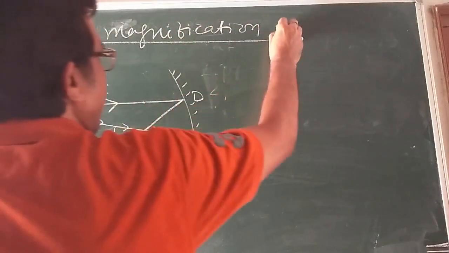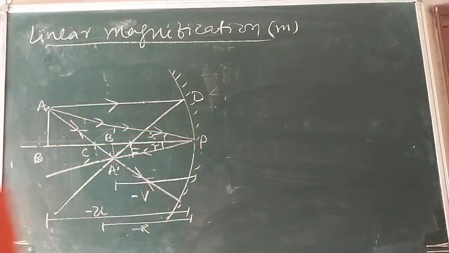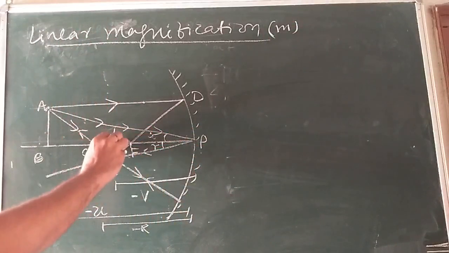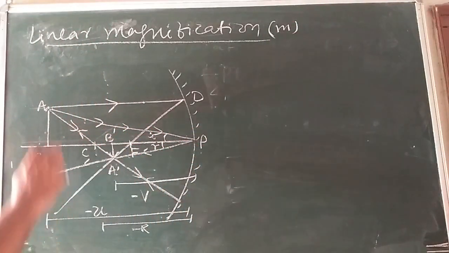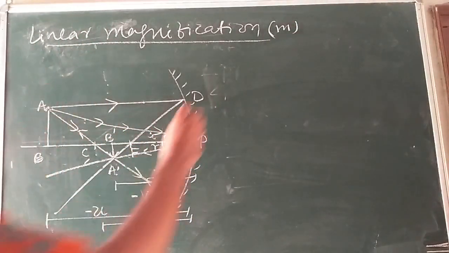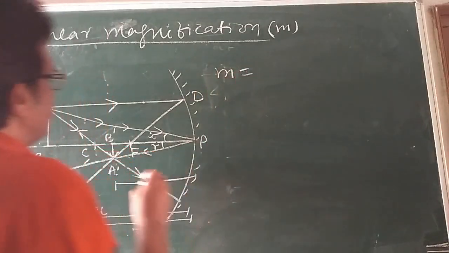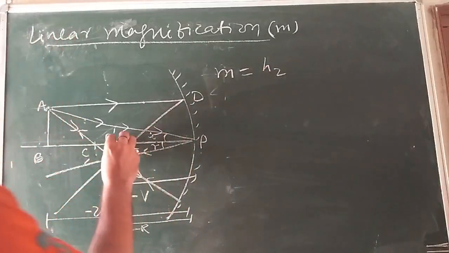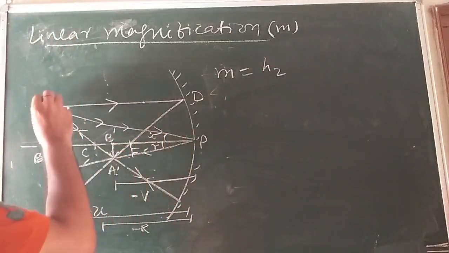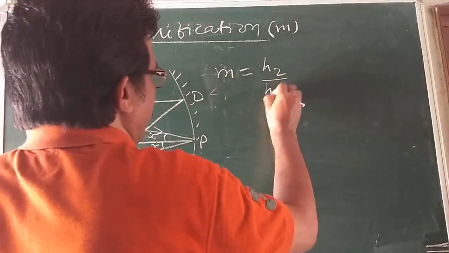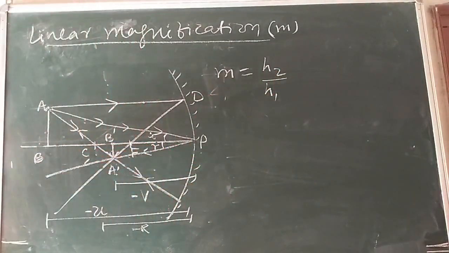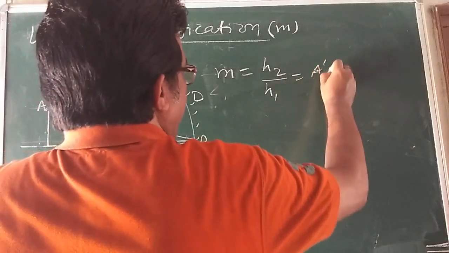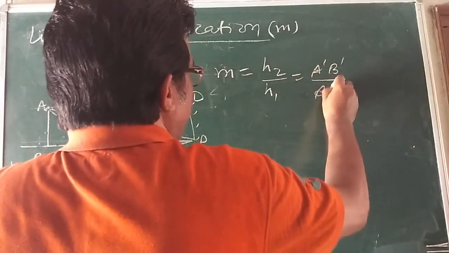We may call it M. It is a ratio of the size of the image to that of the size of the object. So M is equal to size of the image, say it is H2, A dash B dash. Size of the object, say it is H1. H2 by H1, or I can say A dash B dash divided by AB.